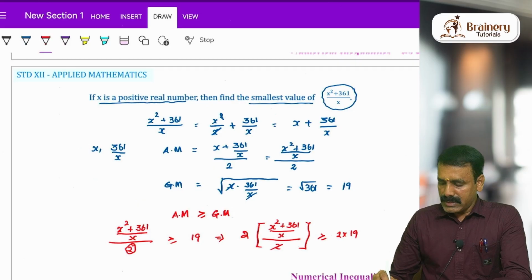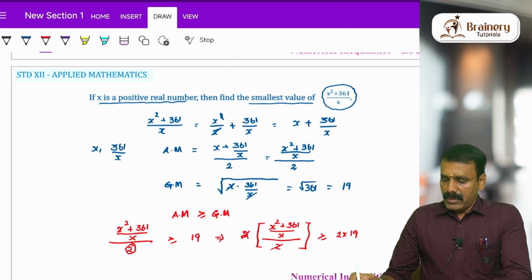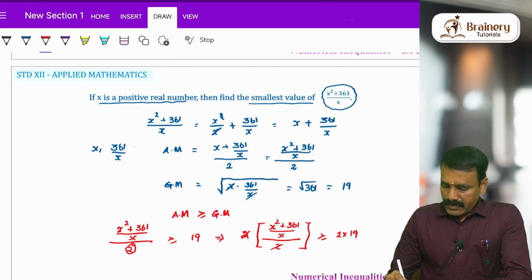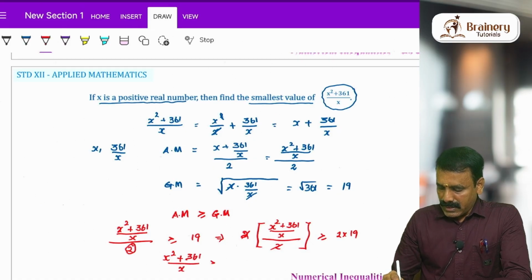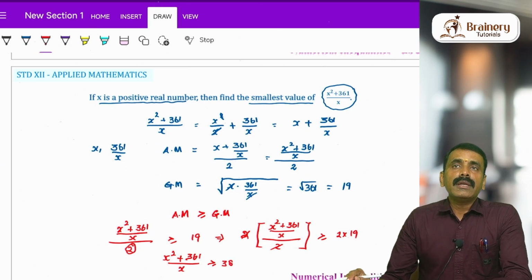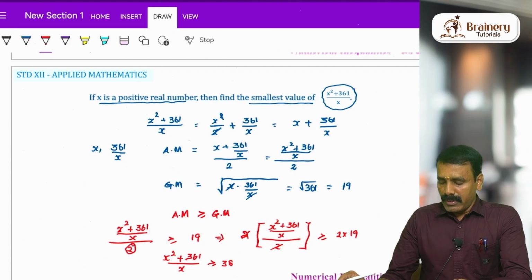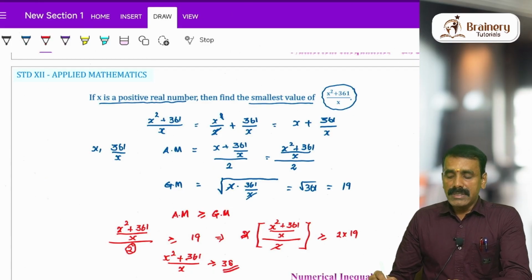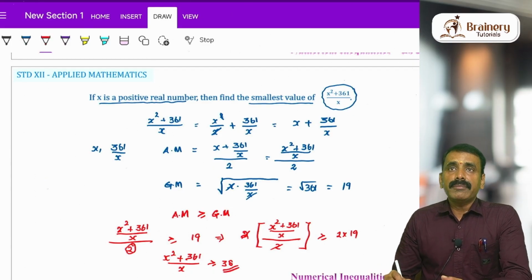I cancel this 2 and 2, so we get this expression: x square plus 361 by x is greater than or equal to 38. So whatever may be the real number x, x square plus 361 divided by x will always be greater than or equal to 38. This is the conclusion we get from this expression.